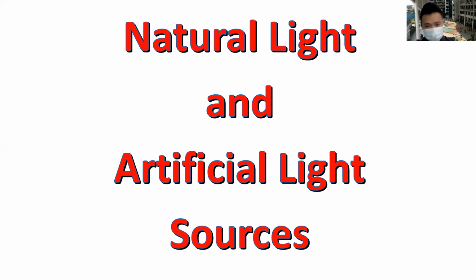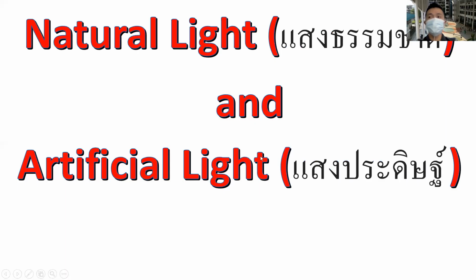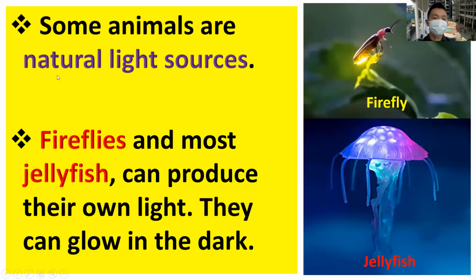Artificial is man-made. Some animals are natural light sources, like fireflies and most jellyfish, which can produce their own light. They can glow in the dark. So that is what natural light sources are.